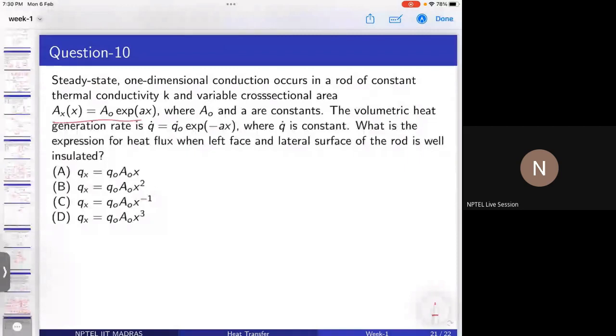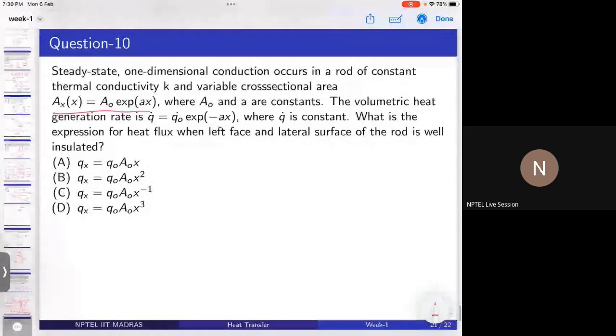The cross section area relationship is already given, and the volumetric heat generation is not constant. It's a function of x. What is the expression for the heat flux when the left face and the lateral surface of the rod are well insulated?